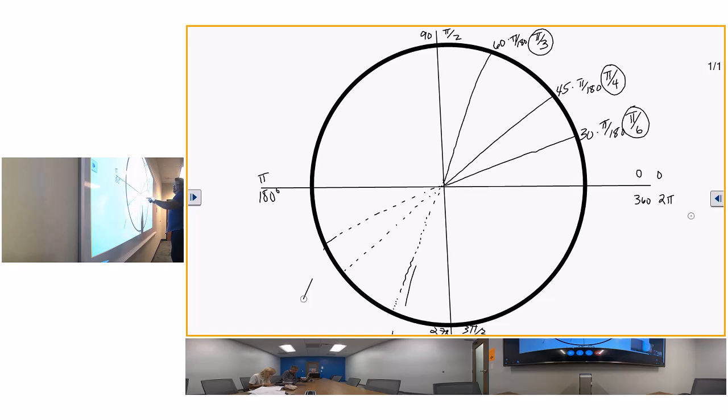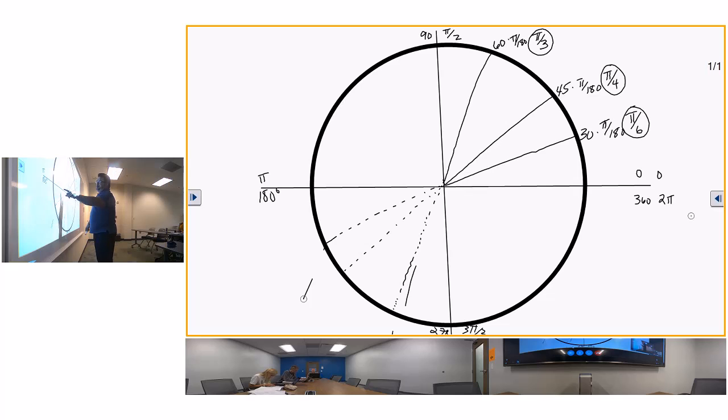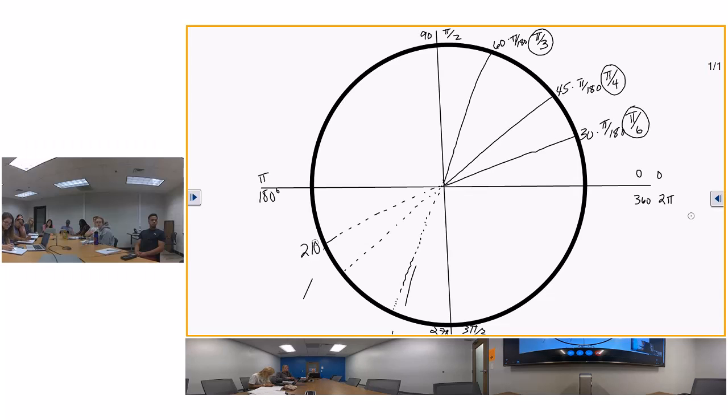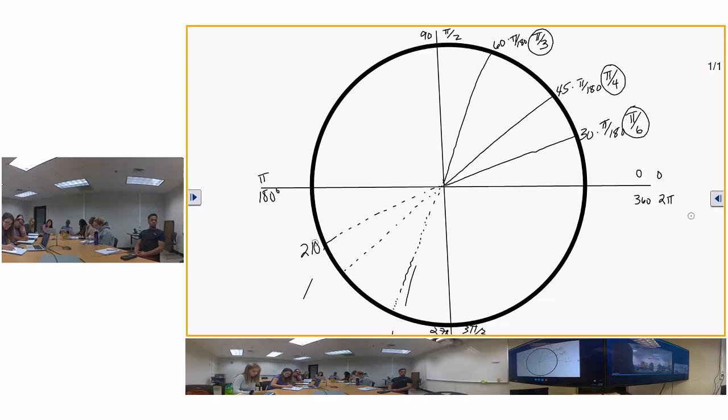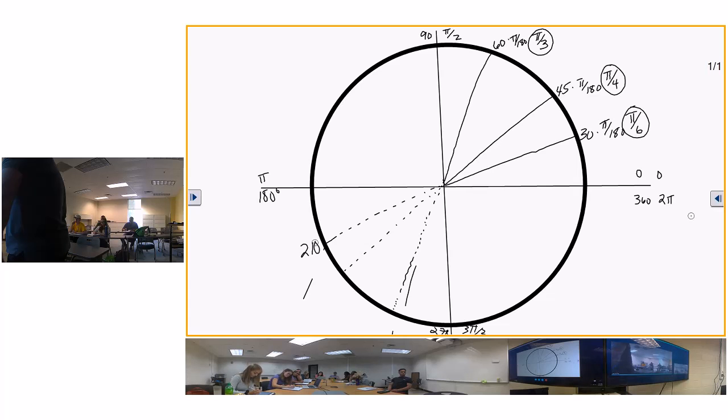That's 30. What's 30 plus 180? What's 180 plus 45? And what's 180 plus 60? Or you could take 270 minus 30. What is it? Now change those into what?